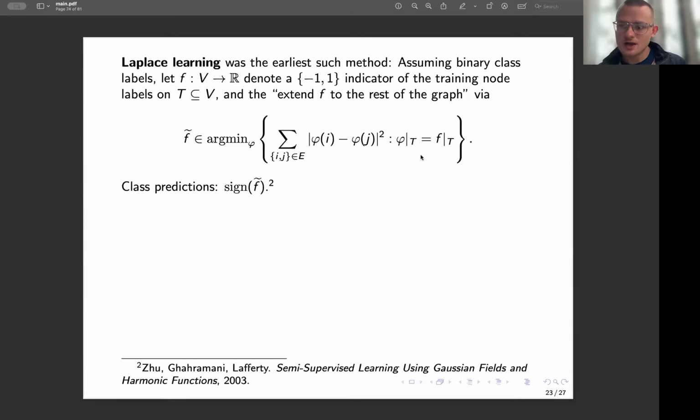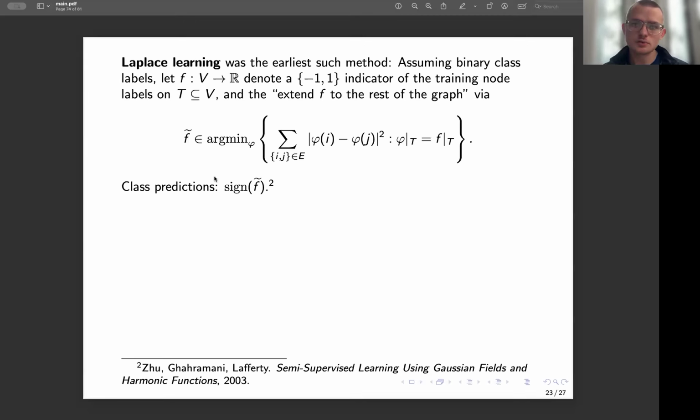If you'd like to think about it this way, you could say, okay, what if you take a node that is unlabeled, so just a generic node for whose class information you'd like to learn, start a random walk at that node, let it run through the graph until it hits a boundary point, which was labeled initially at training time, and then you could record that. If you repeat this process, in expectation you will recover the same prediction as in the Laplace learning pipeline. So it's very related to the random walk.